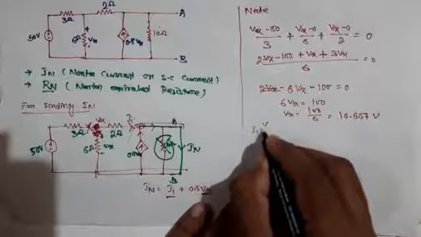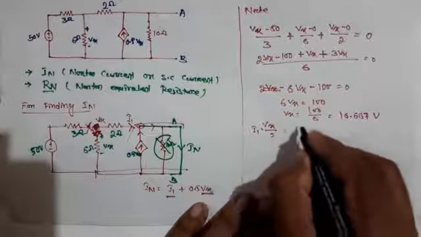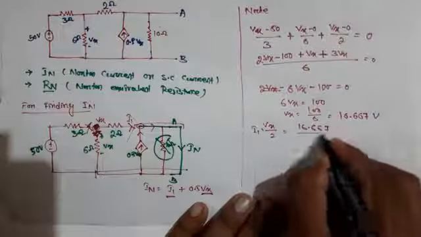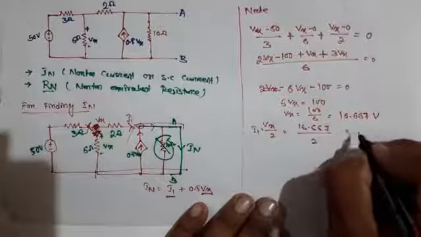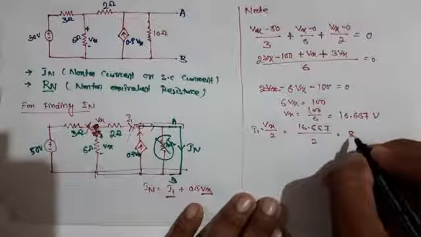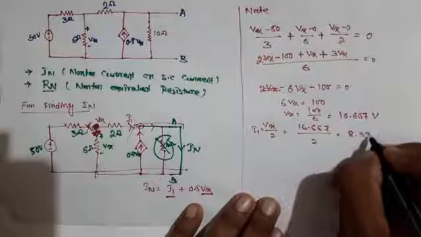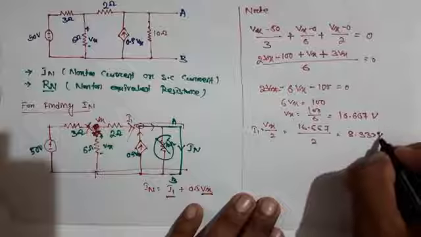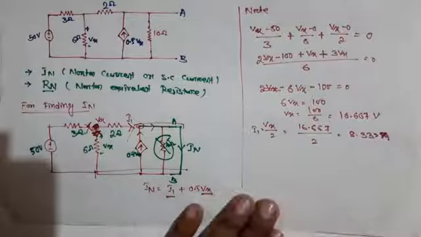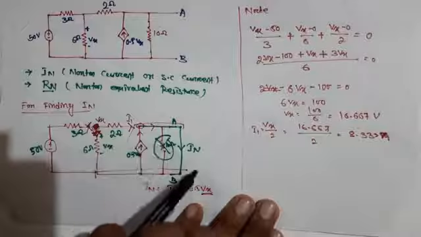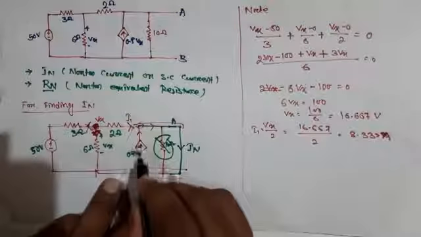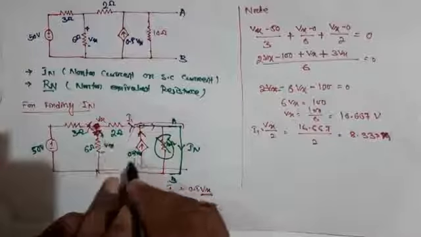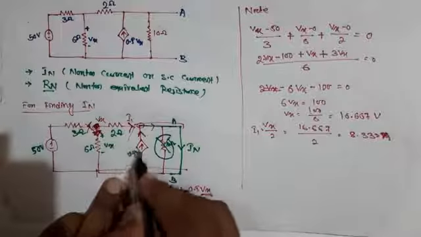I1 is equal to Vx by 2, so I1 equals 16.667 divided by 2, which is 8.33 ampere. Finally we need to find IN. We know IN is equal to this current and this amount of current. We know this voltage, so we can find the value of the dependent source.